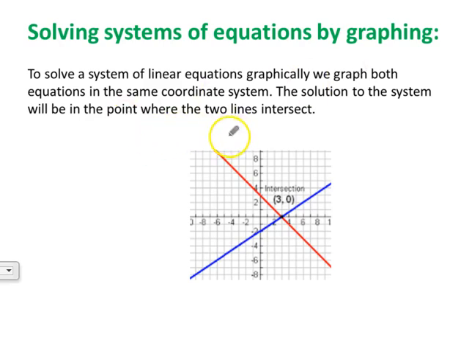I'm kind of running out of time here. But to solve a system of equations graphically, you're going to graph each equation, and then wherever the lines intersect is going to be your solution.